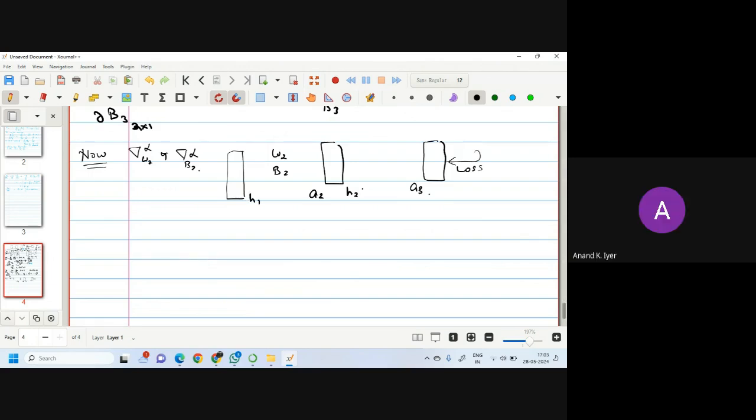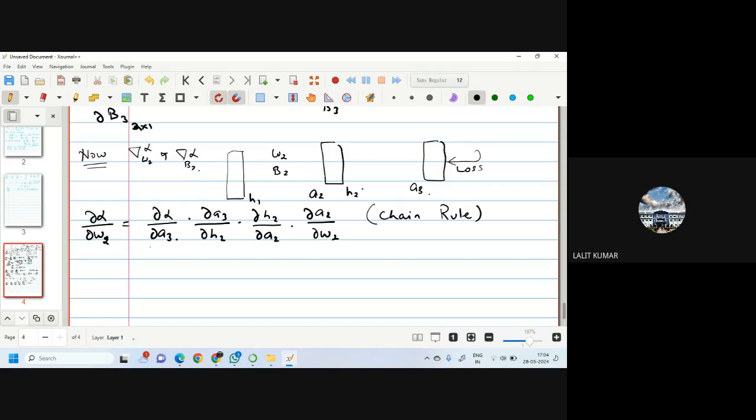So del L by del W2 is equal to del L by del A3, by del H2, del H2 by del A2, and del A2 by del W2. Chain rule. Okay.